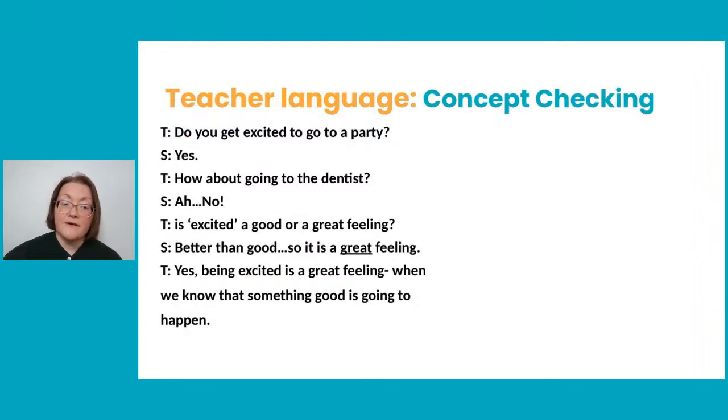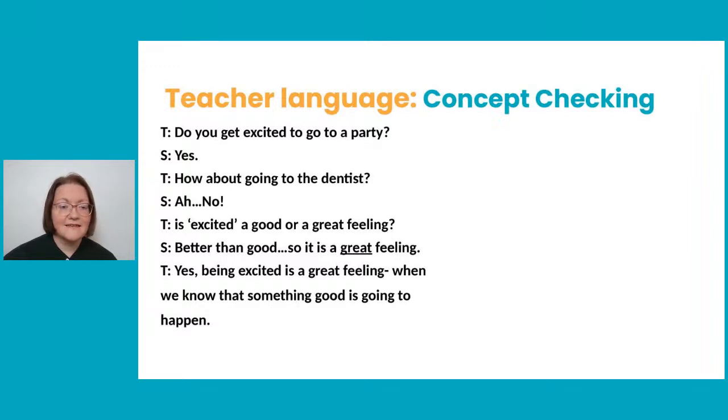Okay, so once you have elicited, then it's time to concept check. Okay, this is where we figure out if the students have really understood the new word or not. So here are some examples of really good concept checking questions for the word excited. So, teacher: do you get excited to go to a party?